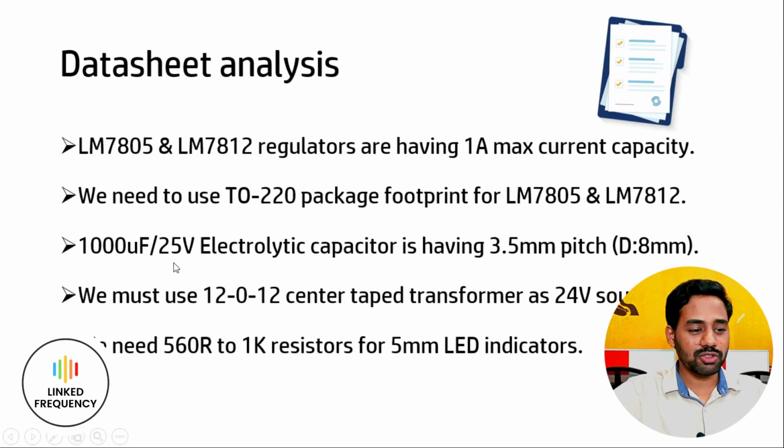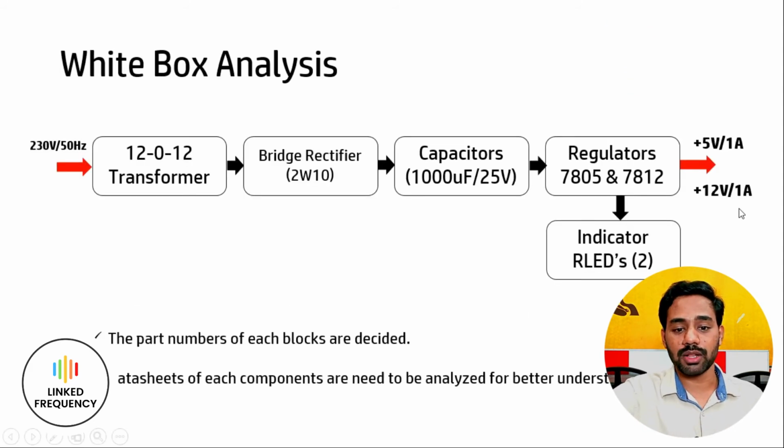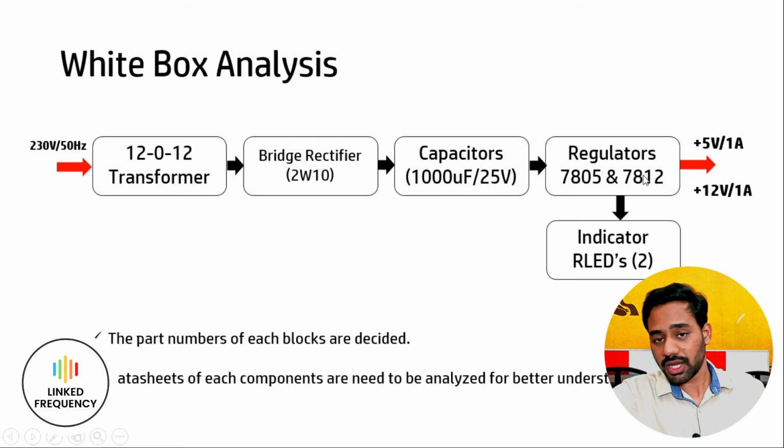Then we will be having a 1000 microfarad 25 volt electrolytic capacitor, which has a 3.5 mm pitch, which is again an essential part of the footprint design activity in the later tutorial. We must use a 12012 center tapped transformer as a 24 volt source. The reason for this is you are expecting the system to produce a 12 volt DC output. There are so many losses in between because of the components which we are using, because they are electronic components.